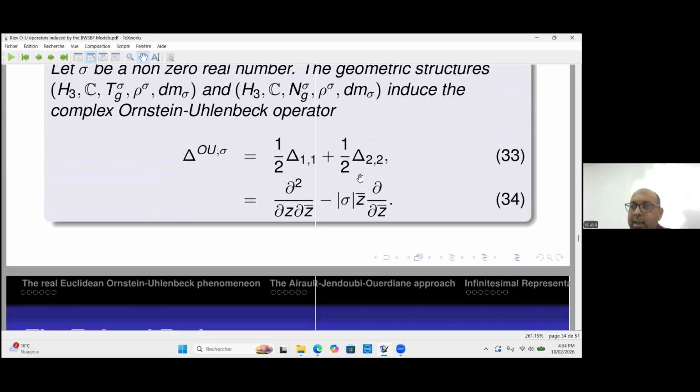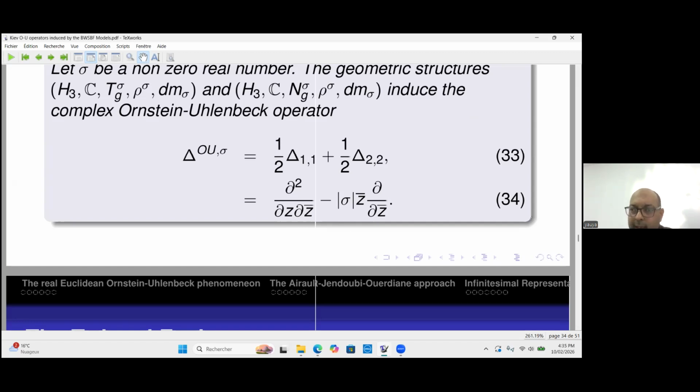And here we have this operator and its conjugate. If we add the conjugate here of equation 34, we obtain 2 the Laplacian minus absolute value of sigma z bar d z bar, and we obtain the well-known Ornstein-Uhlenbeck operator, which is invariant with respect to the Gaussian measure, and this is the induction of the Ornstein-Uhlenbeck operator from the Heisenberg geometric structure.